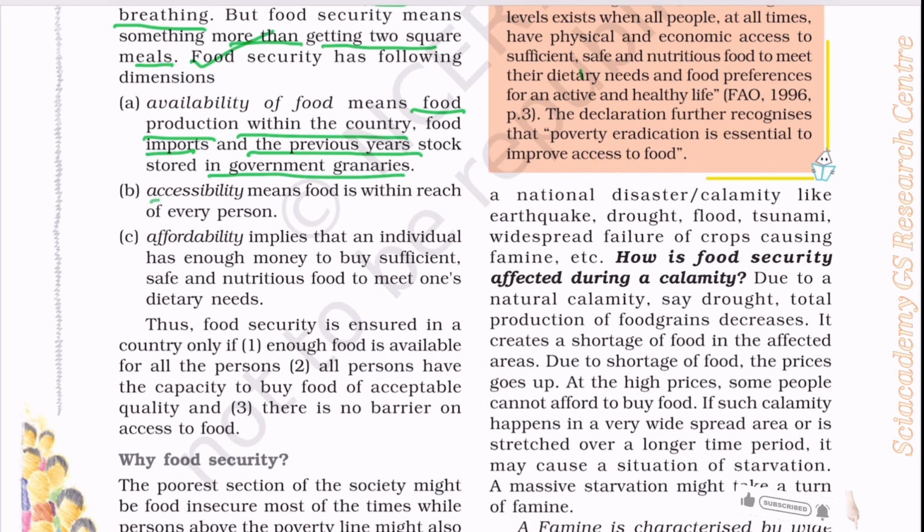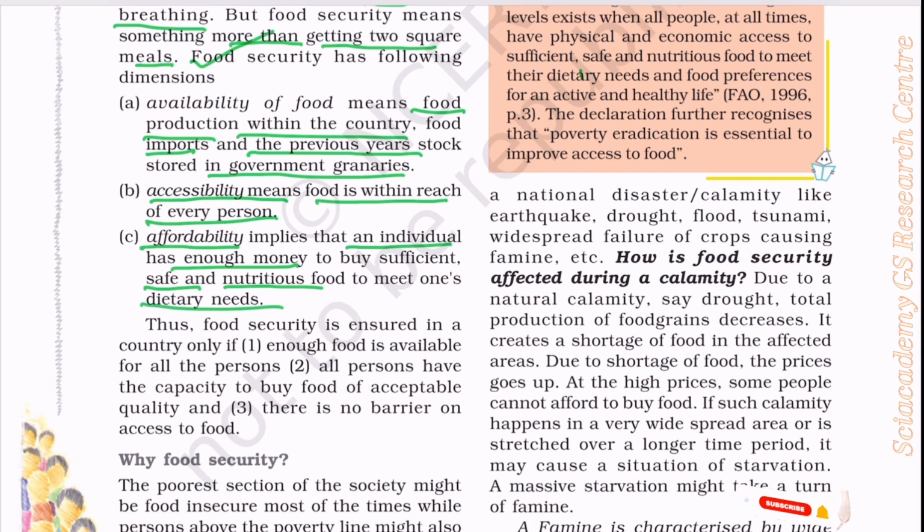B. Accessibility means food is within reach of every person. C. Affordability means that an individual has enough money to buy sufficient, safe, and nutritious food to meet one's dietary needs.